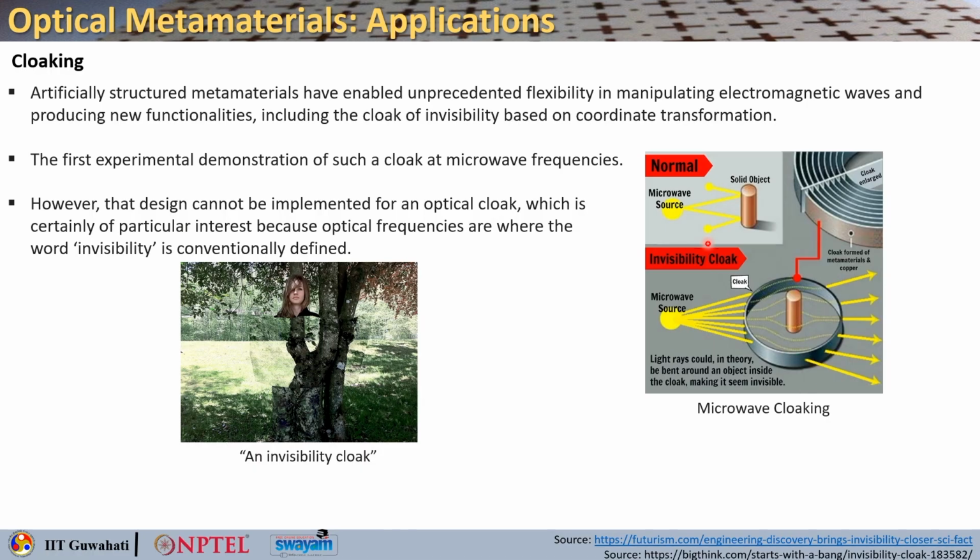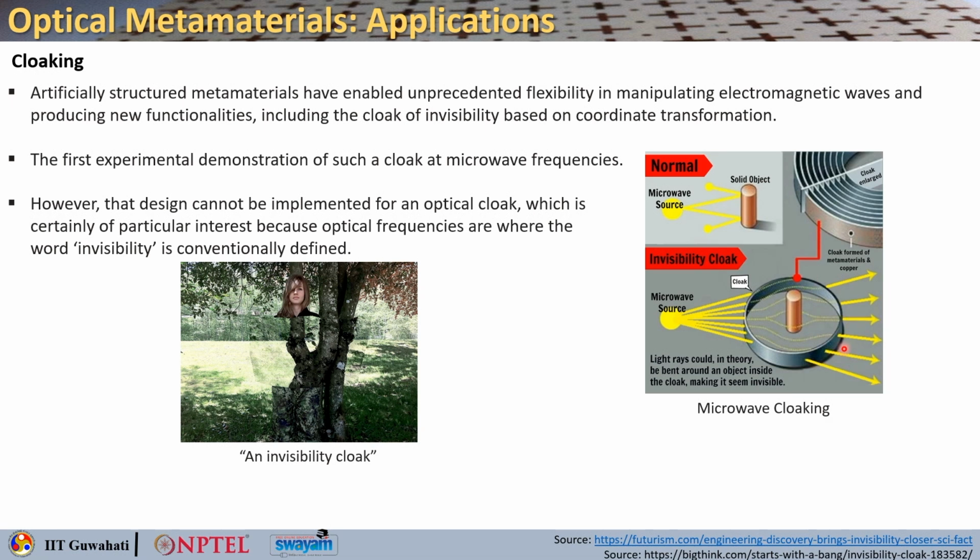Okay. So, I believe all of you remember that when you keep a solid object within this particular cloak, light rays or microwave radiation are made to go around this object, and they emerge out of the cloak as if there is nothing disturbing in their path.